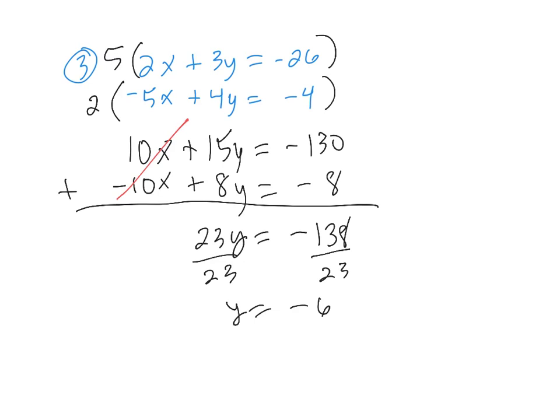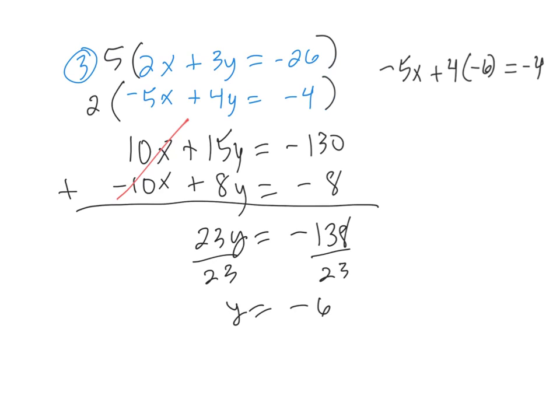I'm then going to plug negative 6 back into either of the other equations. Again, choose whichever one looks easier to you. You'll get the same answer from both of them. I'm going to choose the bottom one because I don't have to worry about that negative 26. So negative 5x plus 4 times the negative 6 equals negative 4.